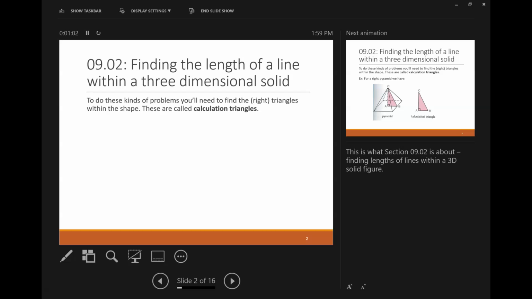Why would we want a right triangle? We have a lot of tools that we can use to find side lengths and angle measures inside of right triangles. Namely, we have SOHCAHTOA and the Pythagorean theorem, right? Both of those things work inside of right triangles, and preferably, we'd like to come up with right triangles.